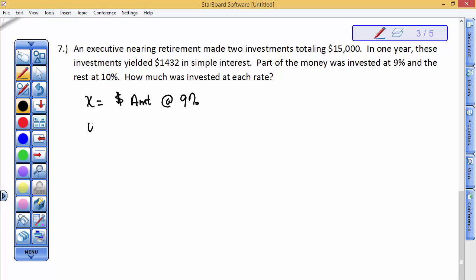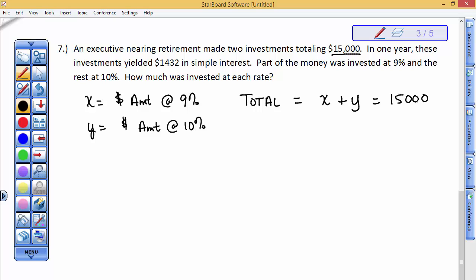And let's let Y represent the dollar amount invested at 10%. So we invest a total of $15,000. So my total equation might be X plus Y equals $15,000.